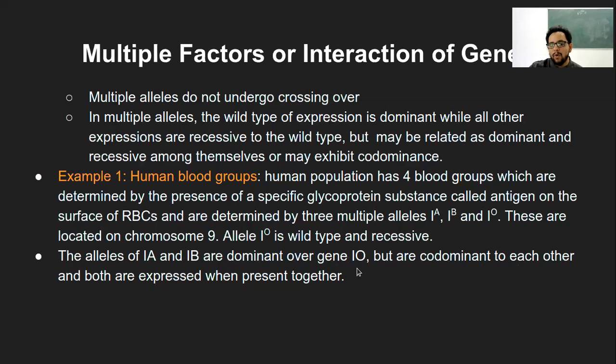They are dominant over I^O, but to each other they are co-dominant, and hence both are expressed when present together. If you look at this particular situation, there are three different alleles, and the expression pattern varies based on what is co-dominant, what is recessive, what is dominant. The expression pattern will change and it will decide the blood group of that particular individual.